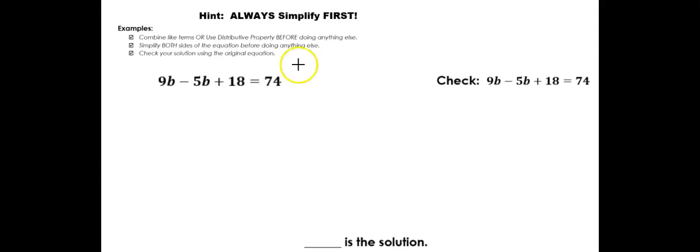So the first thing we always want to do when we're solving equations is see if there's any work we can do to first simplify the equation. And in this situation, it would be combining like terms. So we can look for where we can combine things together, add or subtract. And in this case, there are like terms here. I have this term right here, I have this term right here, and I have a third term.